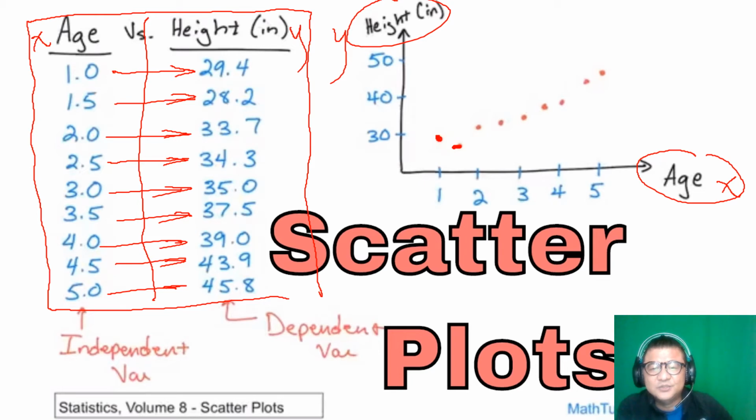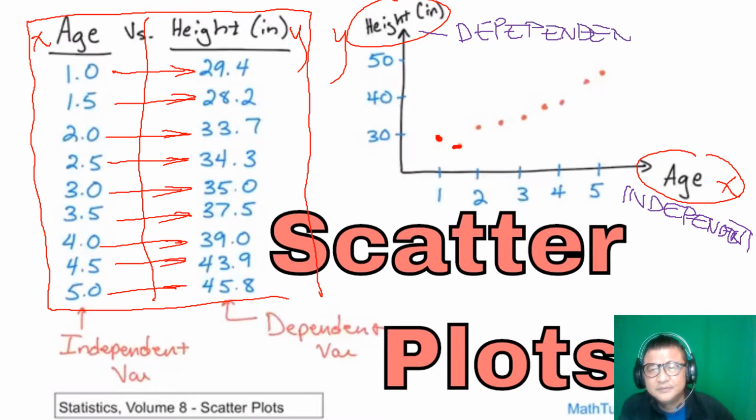The x is called the independent. And then the y values are called dependent, from the word depend. Which one depends?